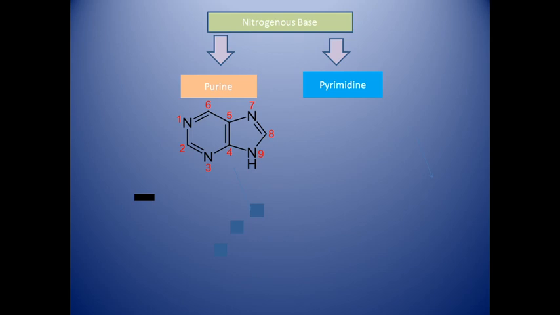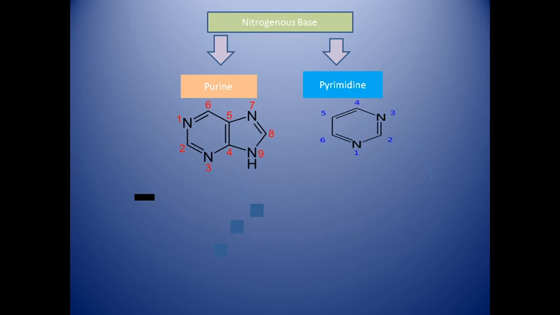It goes against Huckel's rule, but the numbering was given earlier, and just as a tradition we are following the same numbering. And remember, purine is a two-ringed structure, and then we have pyrimidine. Pyrimidine is a single-ringed structure, and the numbering is like this: 1, 2, 3, 4, 5, 6.